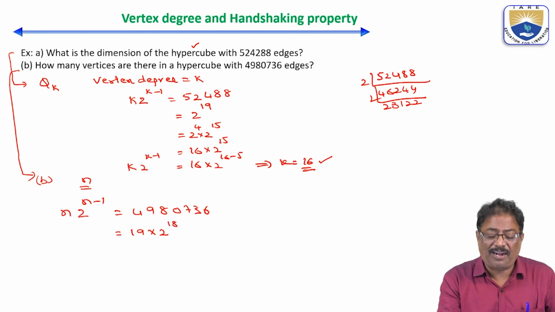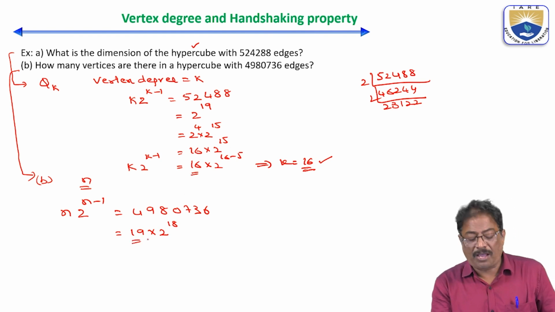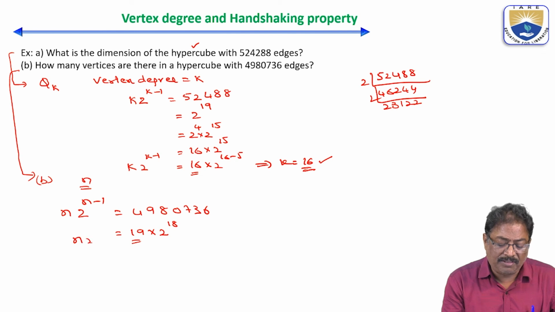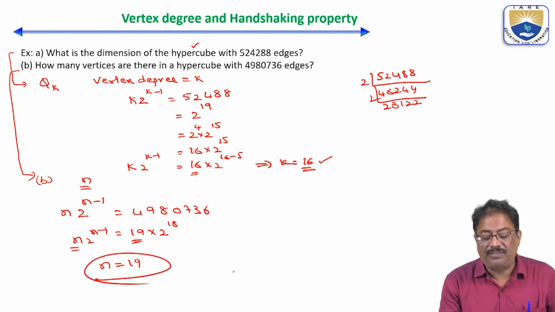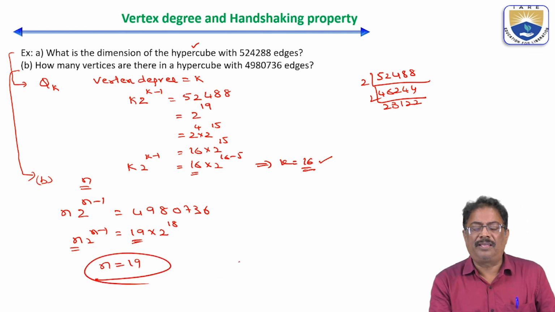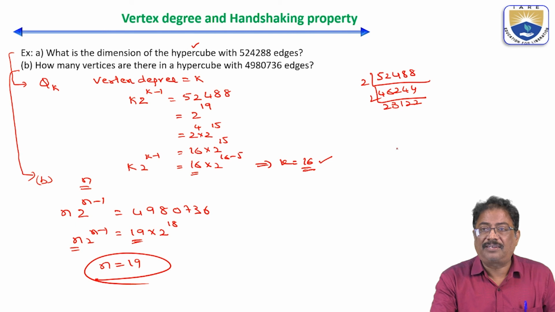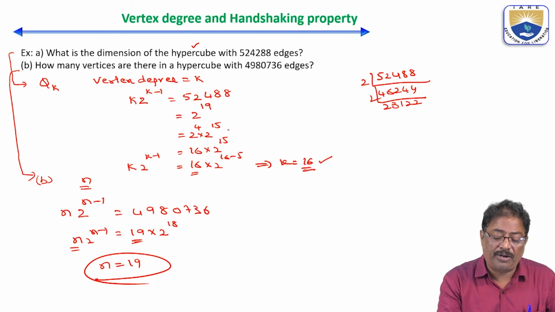If it is not exact, I am not going to get some other number, I am going to get it like this. So I compare, and by comparing, n is equal to 19. The number of vertices is 19. If the factors are directly available, we can find it like this.